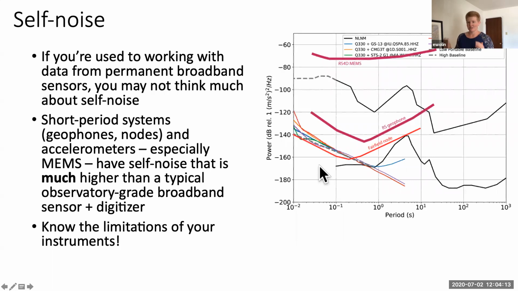So again, as you're moving into these new and different kinds of instrumentation, know what amplitude you're trying to measure, know what frequencies you're interested in, and know what that instrument was originally designed for and how well it's calibrated, how well that response is known for the application that you're trying to apply it for.